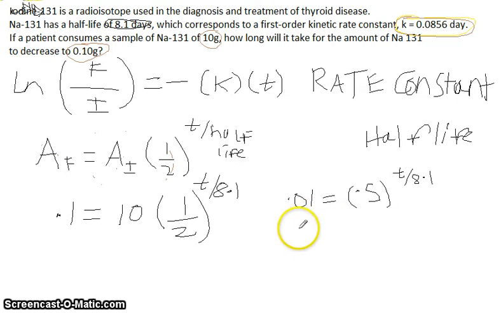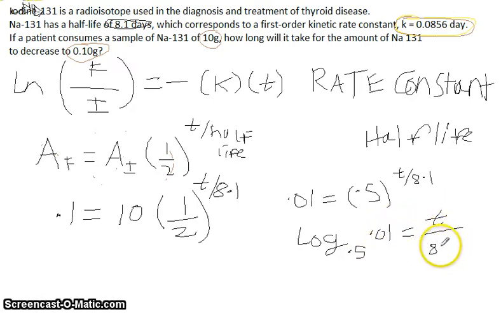Next, we take the logarithm of each side of the equation. Basically, we know that the logarithm with base 0.5 of 0.01 is equal to t divided by 8.1.